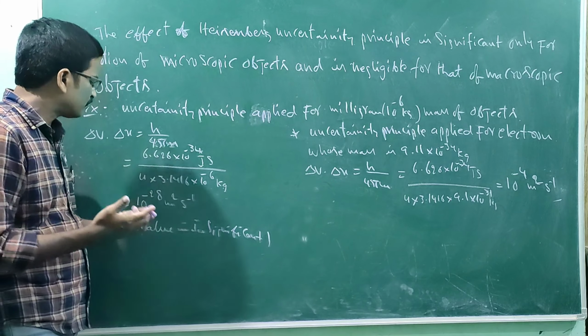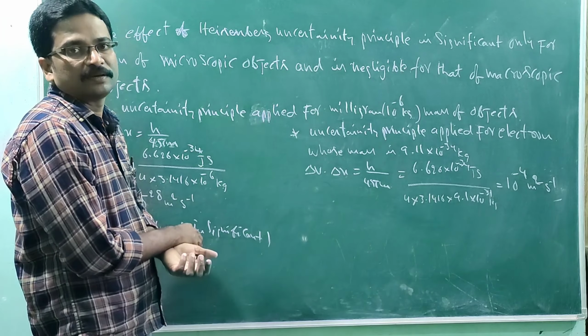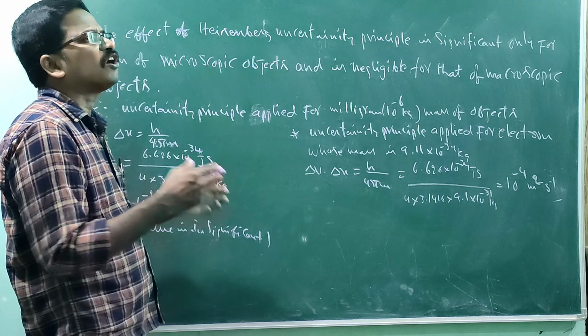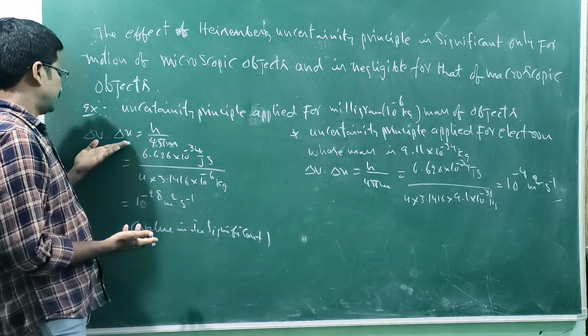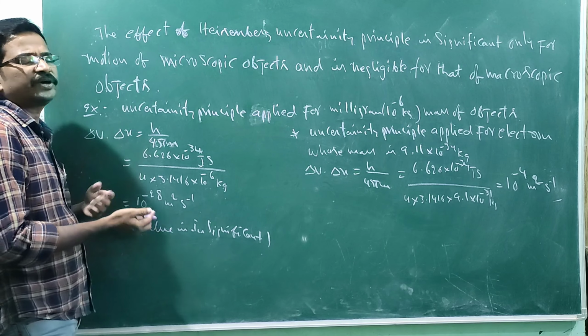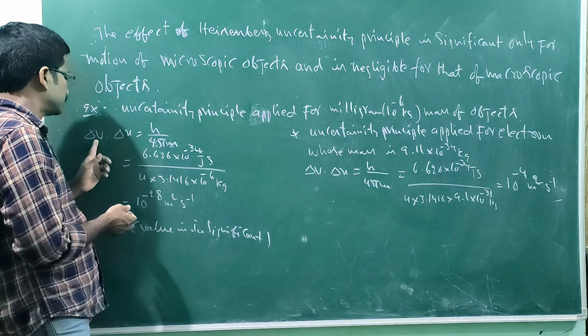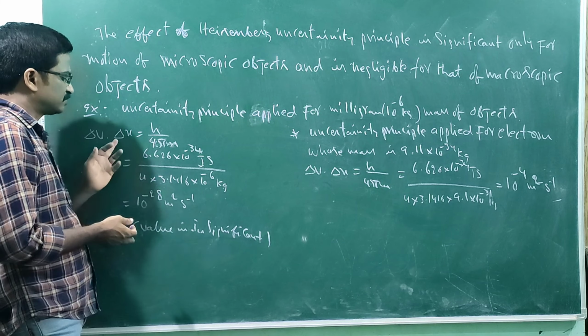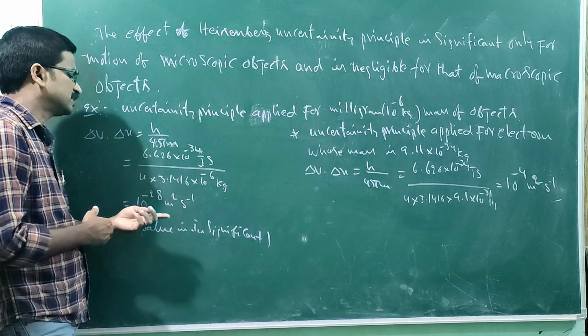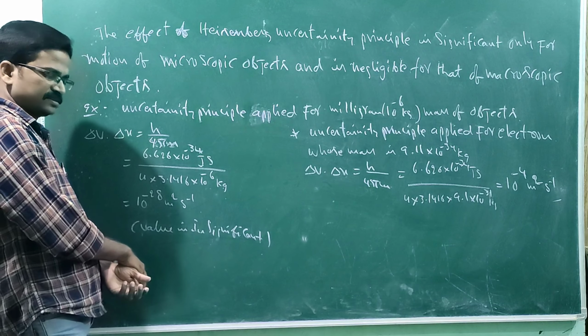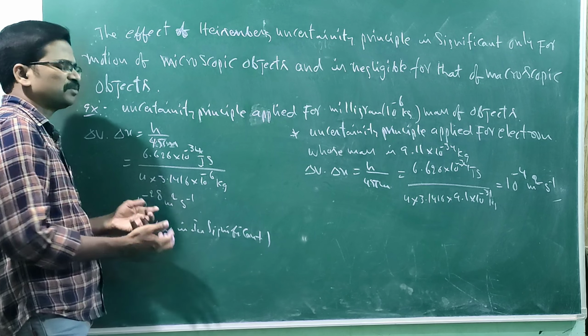Because 10 to the power of minus 28 is almost equal to 0. So where is the uncertainty, del V and del X? We cannot calculate it. It is almost 0 and insignificant.